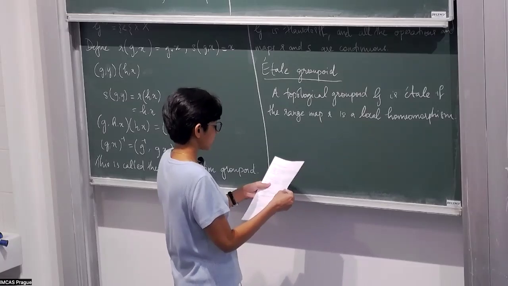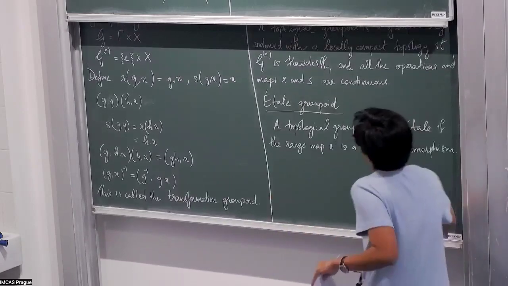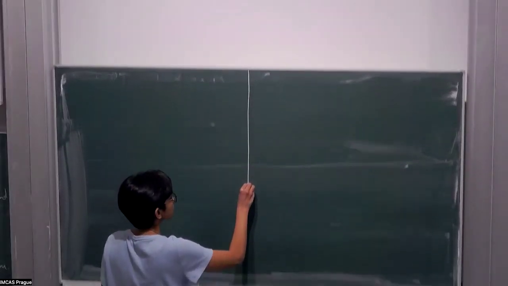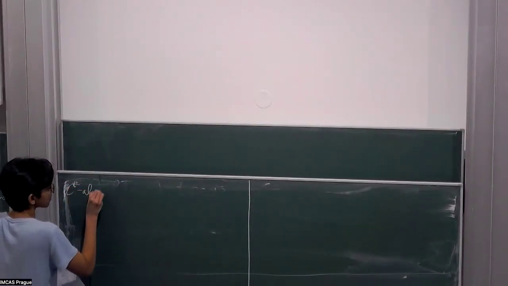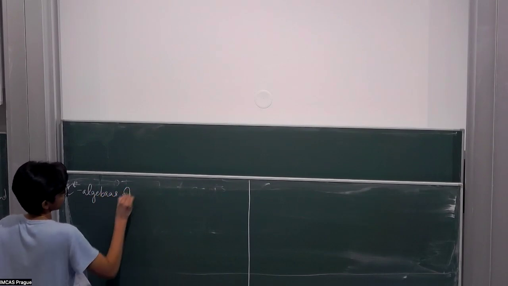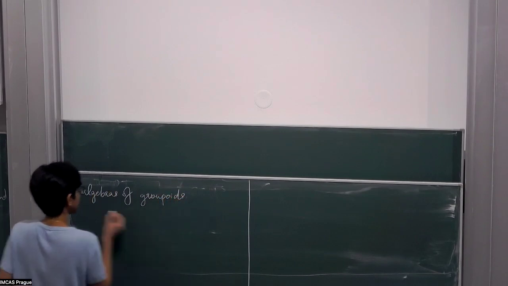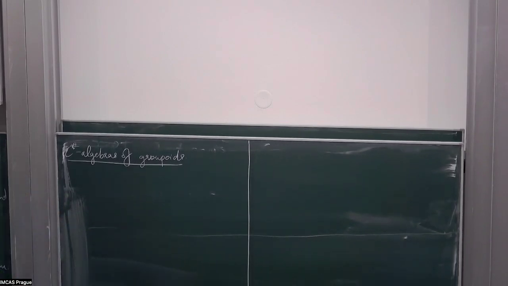Now we move on to constructing C-star algebras. Now I will be assuming that the groupoids that I'm considering are Hausdorff.